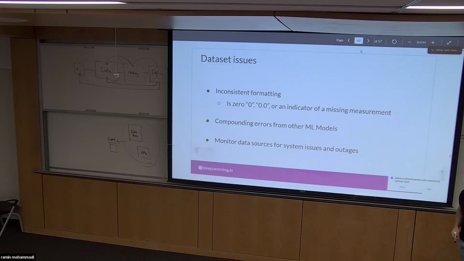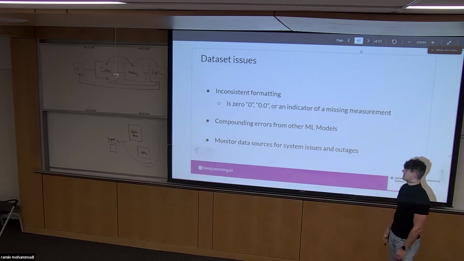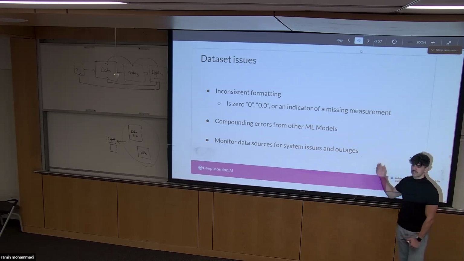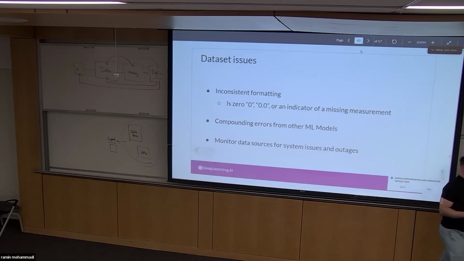Be sure that you monitor your data source and system source for any sort of issues and outages. What happens if all of a sudden there's an outage, the network is down or something, and the user is using my system? What happens to that data that I'm collecting? Can I get that data back later, when the network is back? How fast can I get that data back?